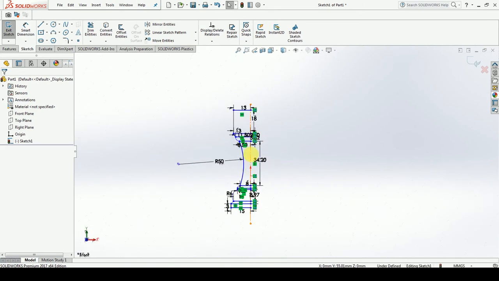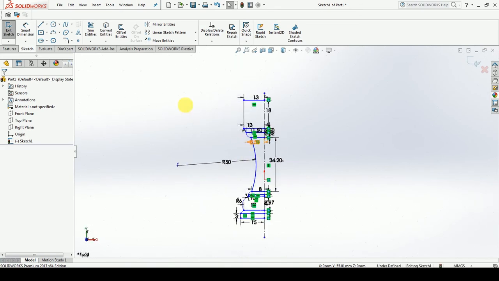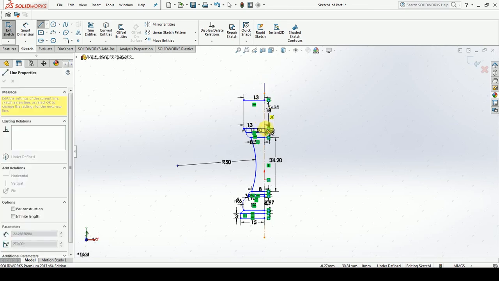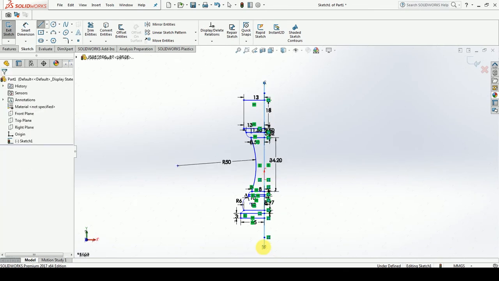Now select line, then draw a vertical line. We have drawn the half section of the rook, so we have to revolve about this vertical line.